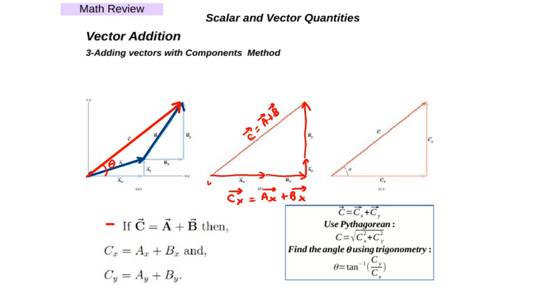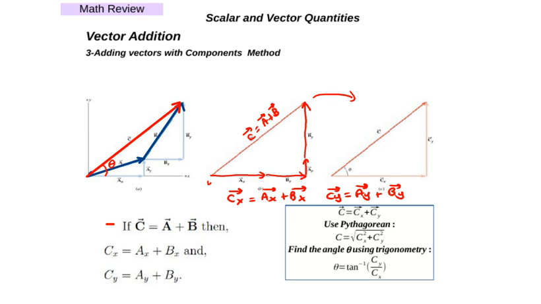I say CX vector will be AX vector plus BX vector. Sometimes one will be negative. I'm going to add that, so I'm not dropping these heads yet. They are vector additions. And then CY vector is AY plus BY.